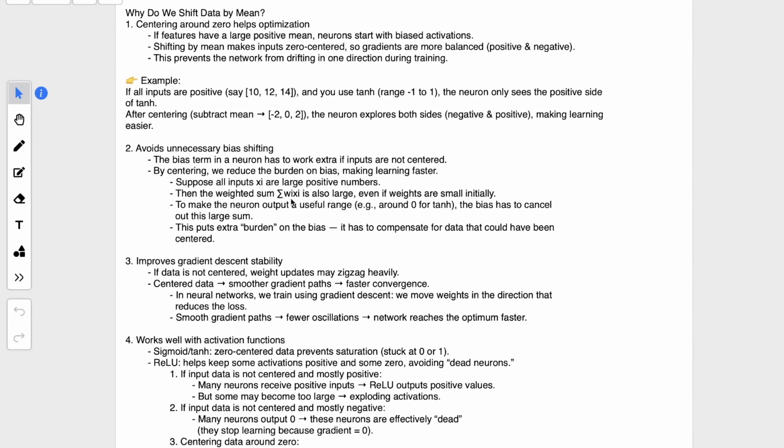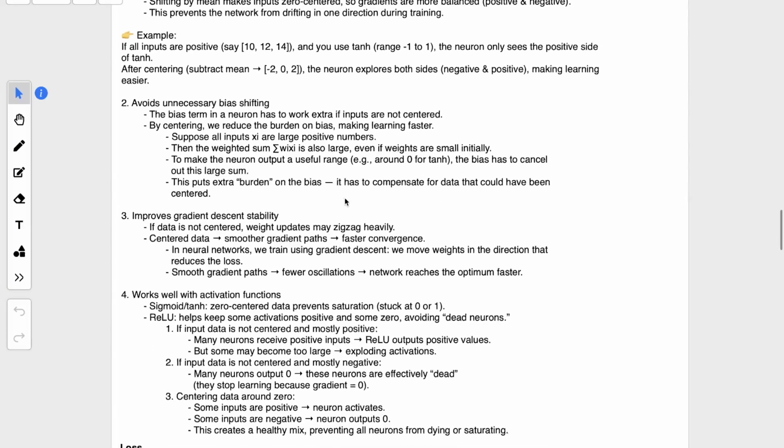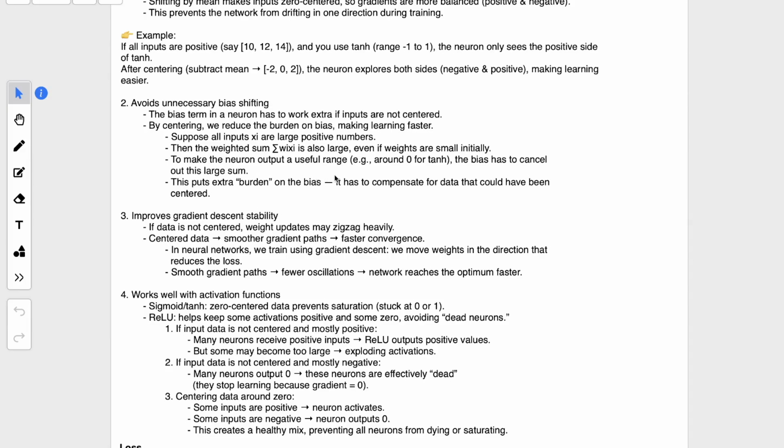Because all the data is positive, usually our weights are also positive, so the total sum will be large, right? So to make the neuron output a useful range between 0 and 1, or tanh, the bias has to cancel out this large sum. So bias is used to shift the graph up to some point, right? As I have explained earlier.